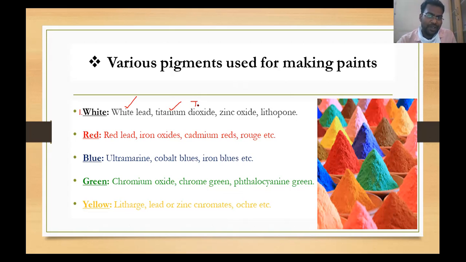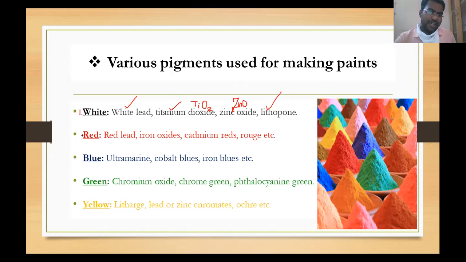Titanium dioxide means what? It is TiO2. Then zinc oxide, ZnO. Then lithophone. These are some important pigments that can be used for making the white paint.